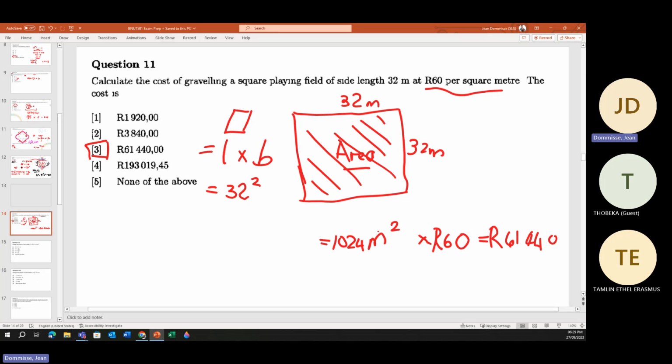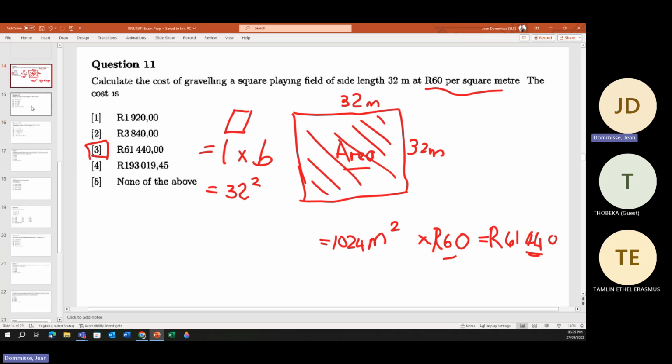And then because it's 60 rand per square meter, there are 1024 square meters that we need to cover. So 1024 times the 60 gives us the 61,440. Okay, so what I did with this one is you first needed to work out the total area, and from the total area you then added a costing component.